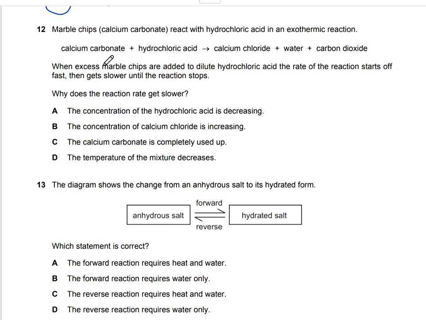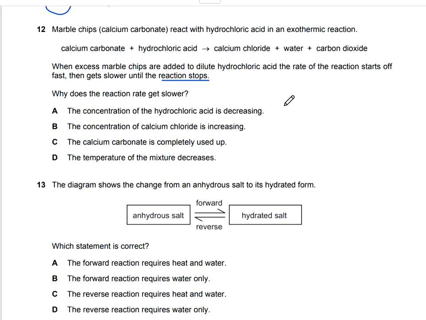When excess marble chips are added to dilute hydrochloric acid, the rate of reaction starts off fast, then gets slower until the reaction stops. Remember, there is already a reaction, and you are adding marble chips into the hydrochloric acid. So why does the reaction get slower?